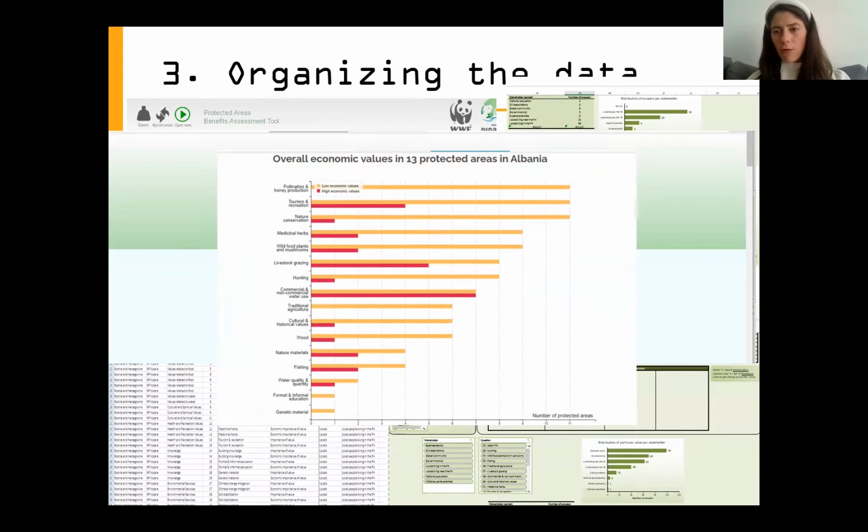Here is an overview of the national economic value for 13 national parks in Albania, where we can see low and high economic values assessed by local communities. We can see that there are really high economic values coming from water, but also livestock grazing and tourism.